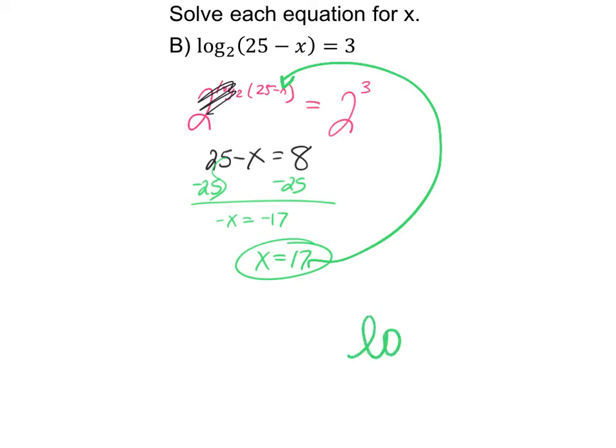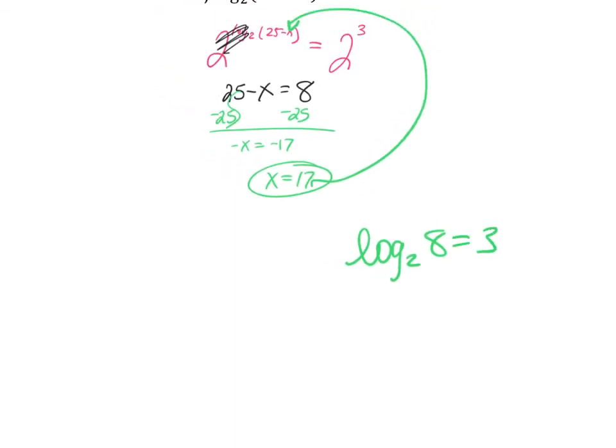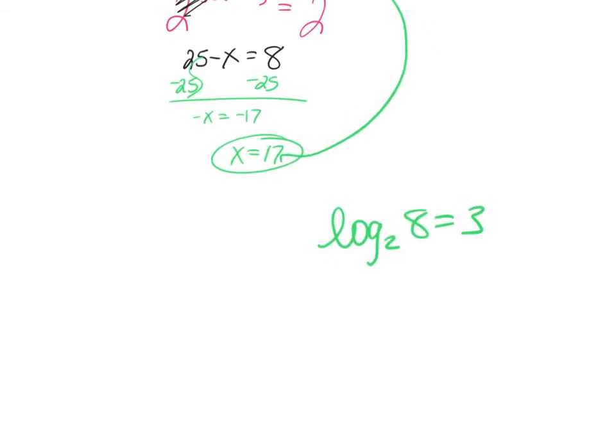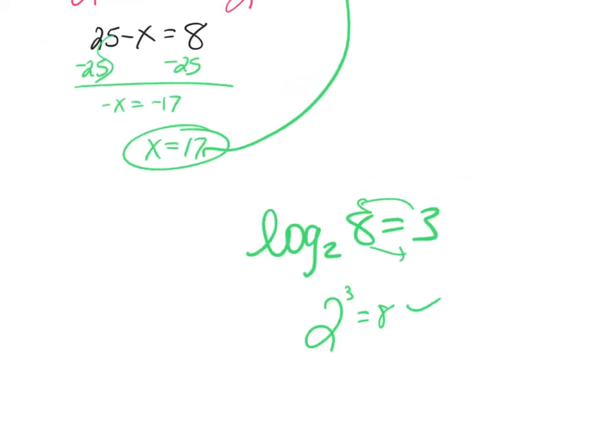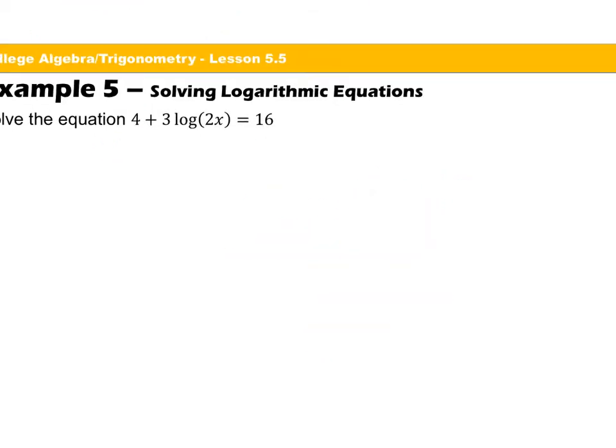So if I had log base 2 of 8, does that equal 3? If I rewrite this in exponential, the little 2 becomes big, and the 3 and the 8 switch. Is that a true statement? Yes. You can check all of these if you so desire.